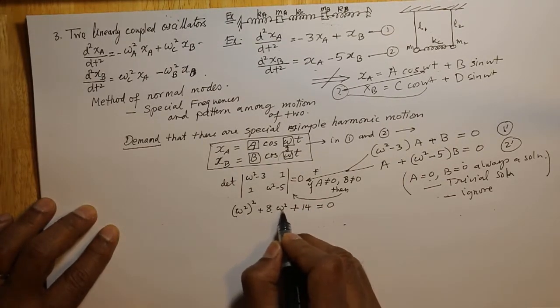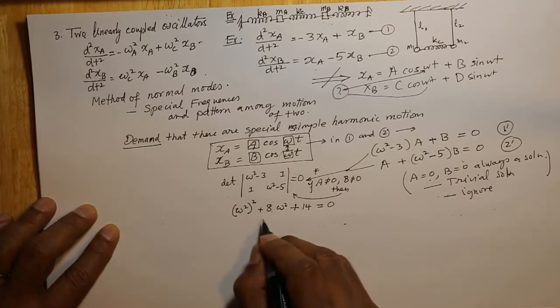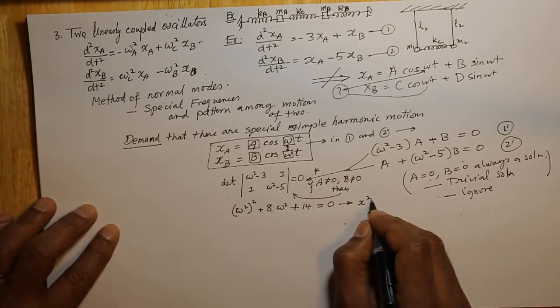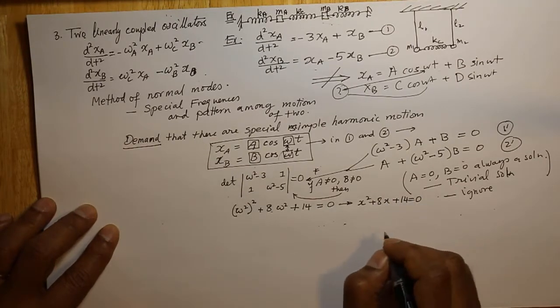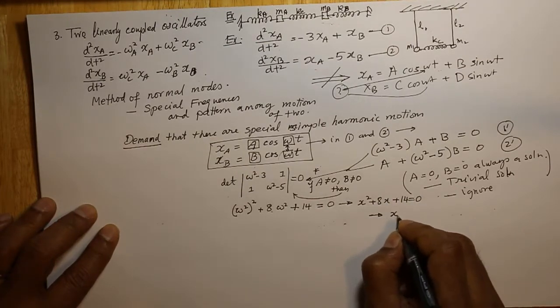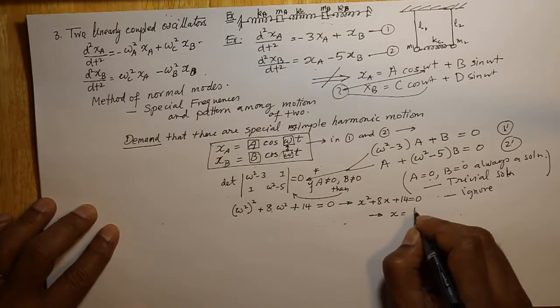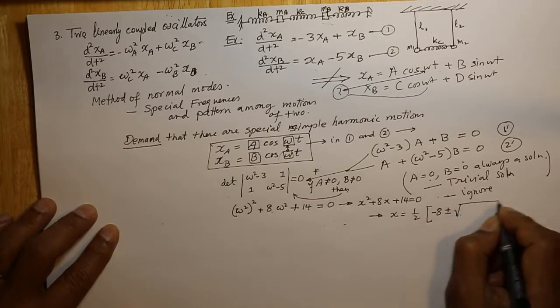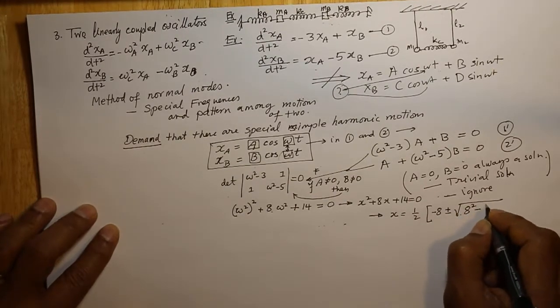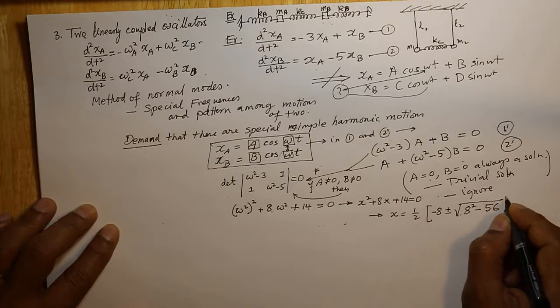So if you say omega squared is x, this is a quadratic equation. So it's x squared minus 8x plus 14 equal to 0. And that can be solved for x: 1 over 2 times 8 plus or minus the square root of 8 squared minus 56.